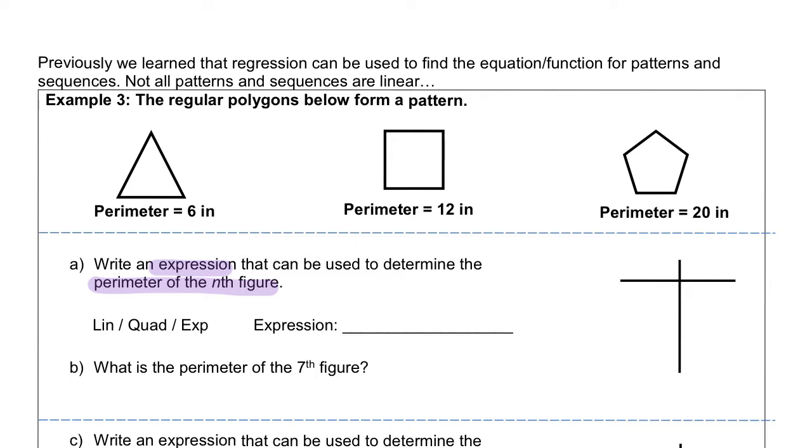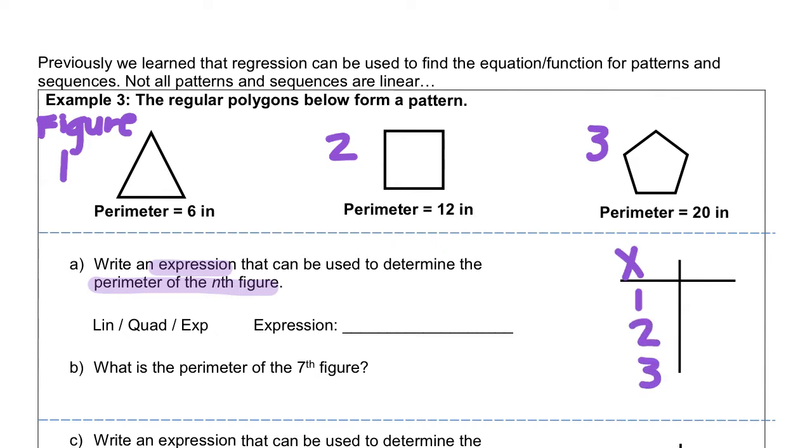Well, when we're looking at nth figure, that really means the position number. So in this case, this is the first figure. So this is figure 1, figure 2, and figure 3. That's going to be our x, or our input value. It's the position number of the figure.